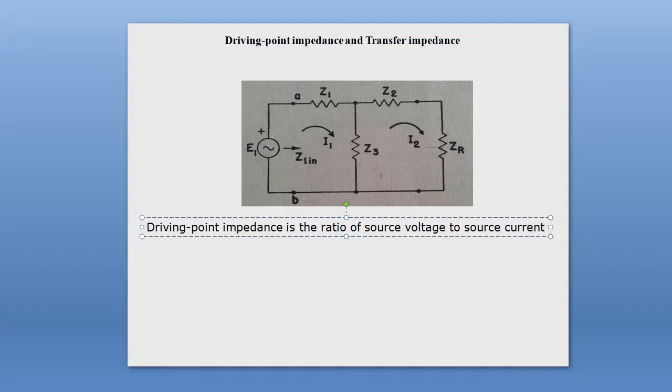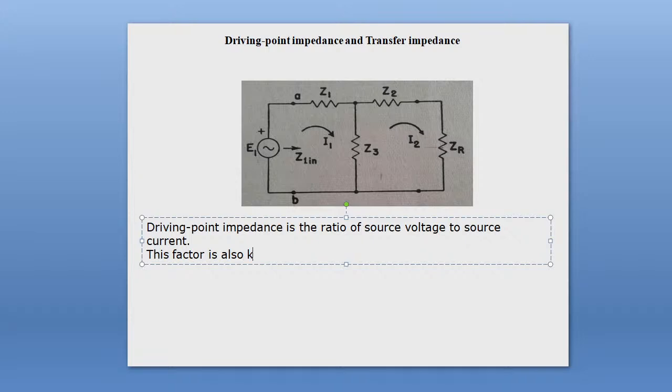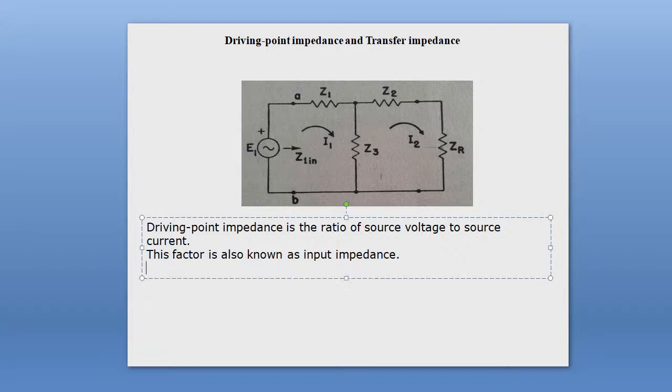Okay, source current. This factor is also known as input impedance.